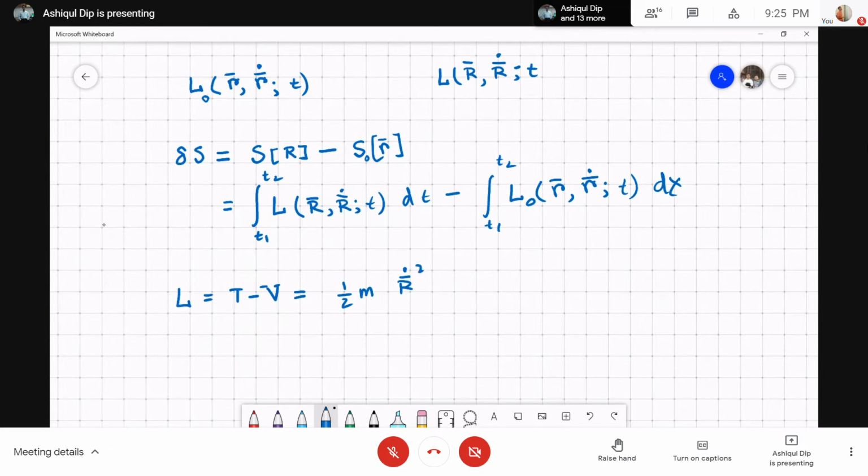Actually, how do we know that the Lagrangian would be T minus V? That's the standard prescription. Yeah, but how do we know? From the previous class, I think. Yes, from the previous class. We defined our Lagrangian to be that. Okay.